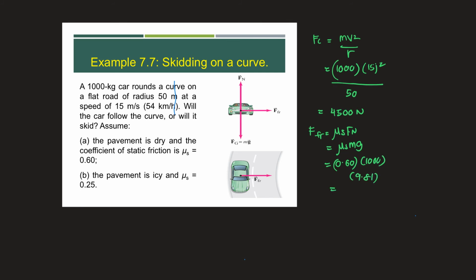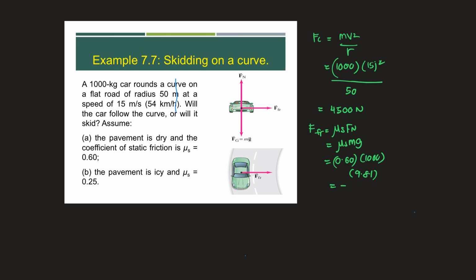You get 0.6 times 1000 times 9.81, and the answer is 5886 Newton, which means that this value is larger than your centripetal force, so for question A, the car follows the curve. That's how you solve the question. Because the static frictional force is larger than the centripetal force, definitely it is going to follow the curve. Okay, what about question B?